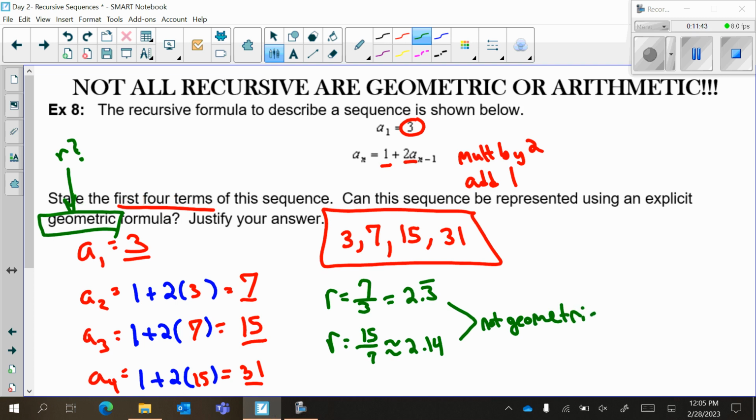Or you could say, no, it can't be written explicitly because it is not geometric since there is no common ratio.